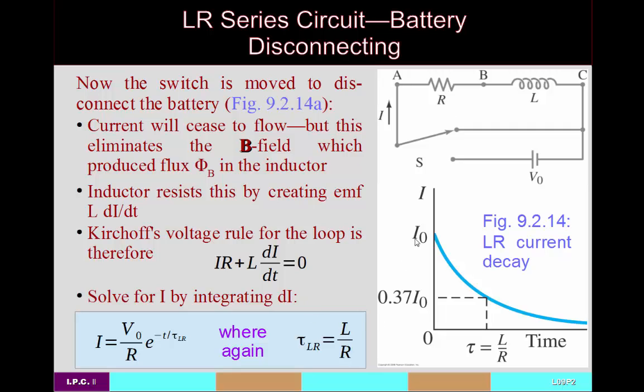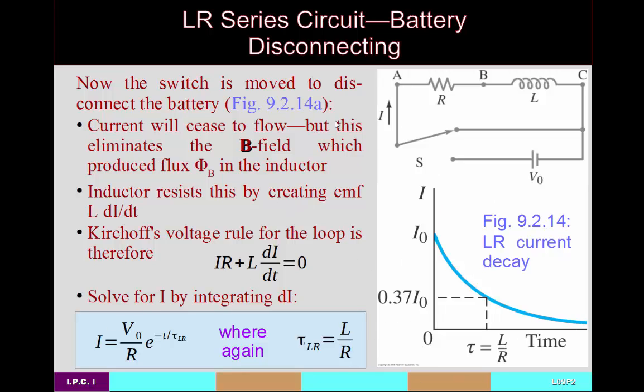So after the first L over R seconds, you'll get 0.37 times I naught, whereas you had 1 times I naught initially. Then after the next set, you'll have 0.37 squared times I naught, and then you'll have 0.37 cubed times I naught, and so on. And that's what your current is.